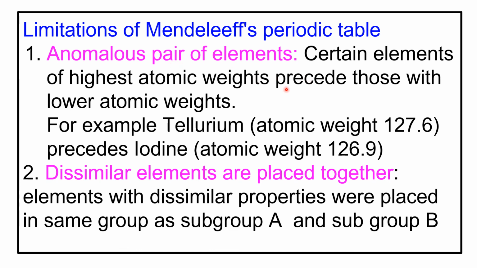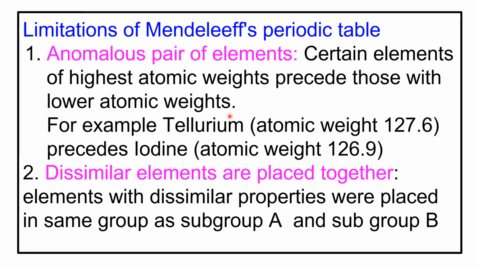Certain elements of higher atomic weights precede those with lower atomic weights. Here, when Mendeleev's periodic table was arranged, he set up the elements in increasing order of atomic weights. So in ascending order, the smallest atomic weight element should come first, followed by the higher atomic weight.